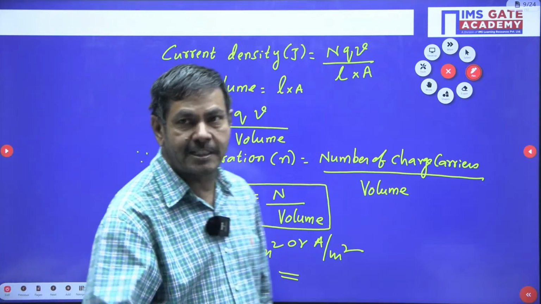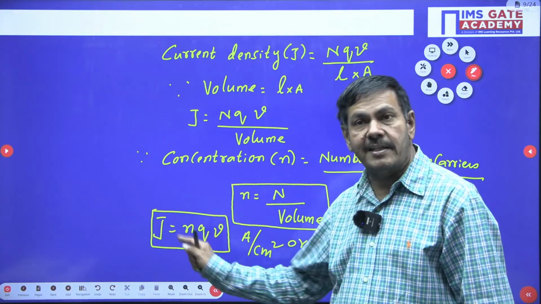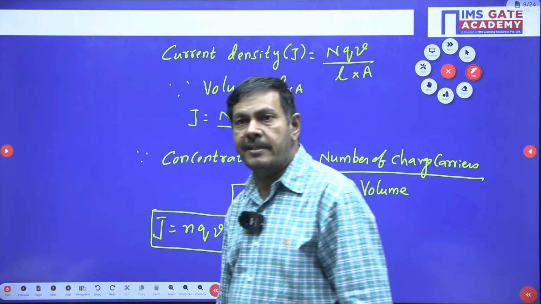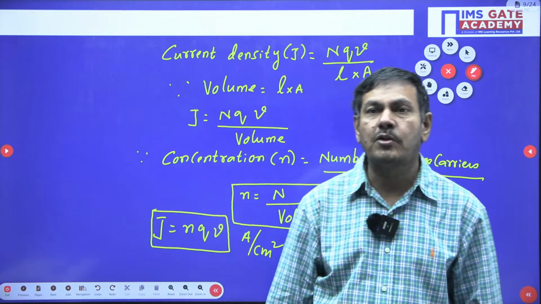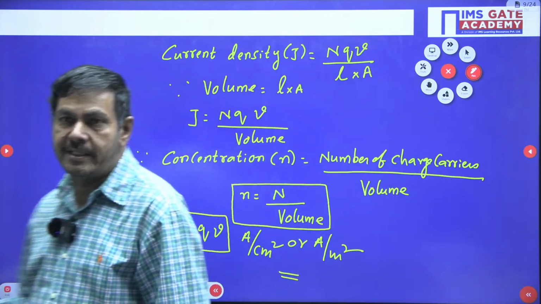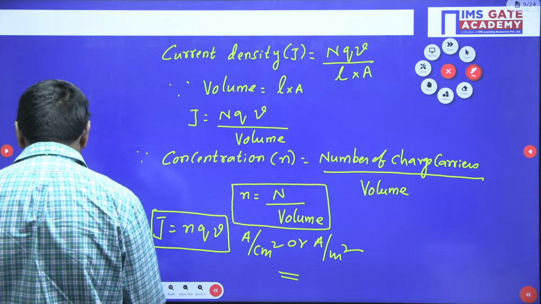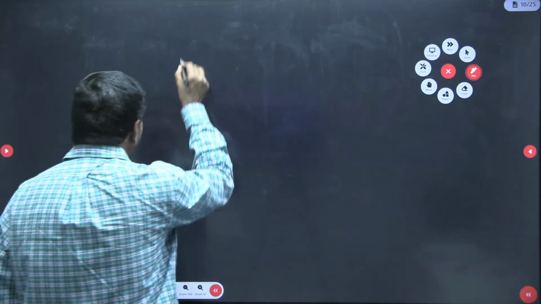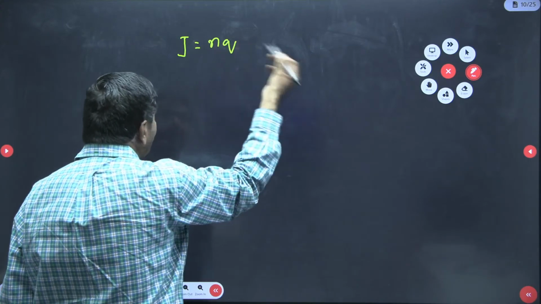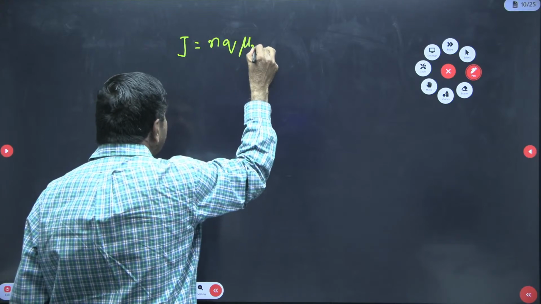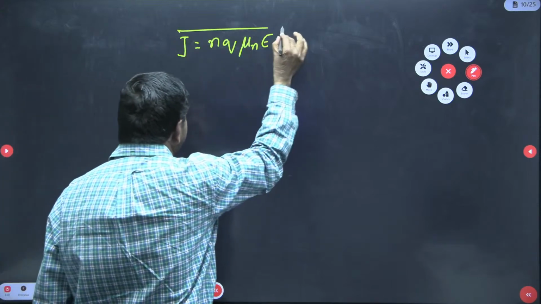Still a modification is possible; one more way I can modify that formula. The v means velocity of electron. Just now in the mobility I defined, v proportional to E, so v equal to mu E. In the place of this v, I can put mu E. So current density can also be written as n into q into velocity, which is nothing but n q mu E. This way also you can find current density.